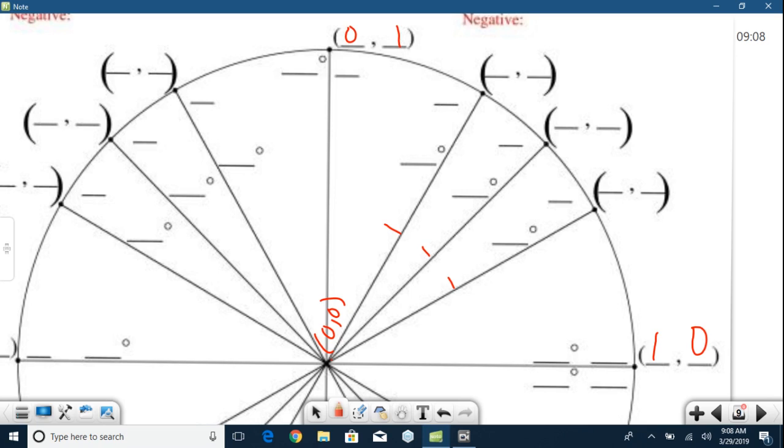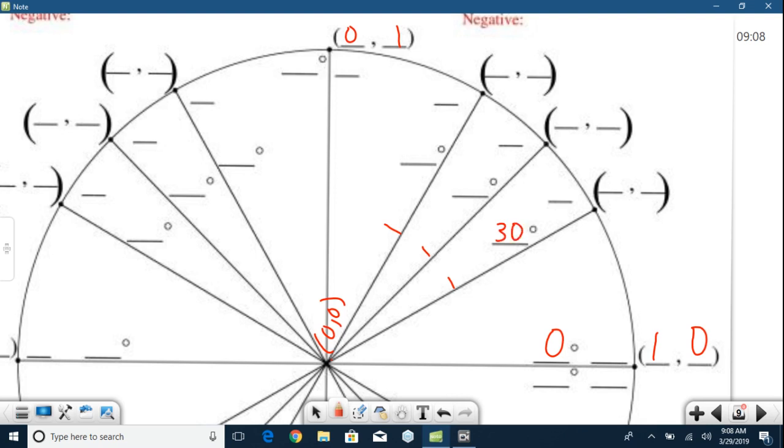Now, what is the measurement of this degree if we start here? 0. The wide spaces are 30 degrees and the small spaces are 15. Questions about that? From here to here, how far did I go? 30 degrees.